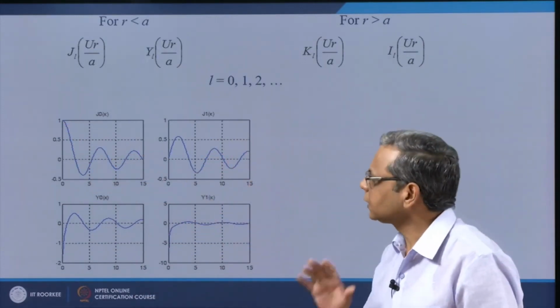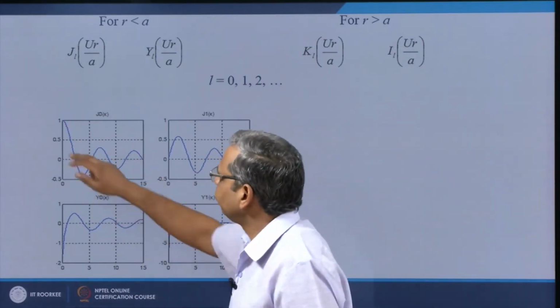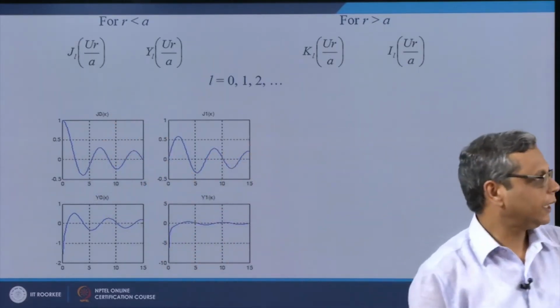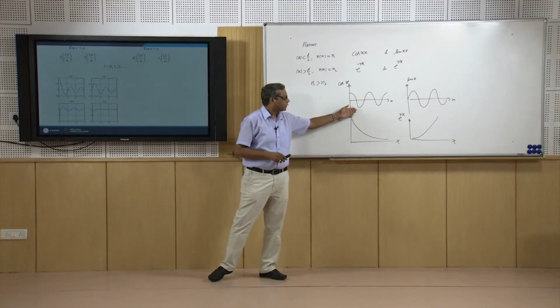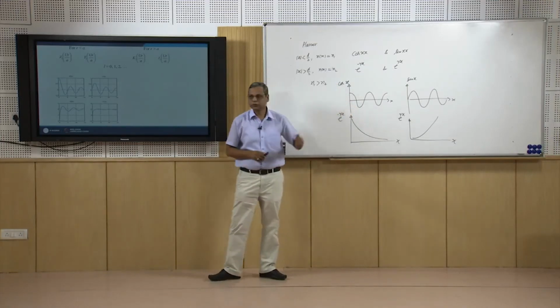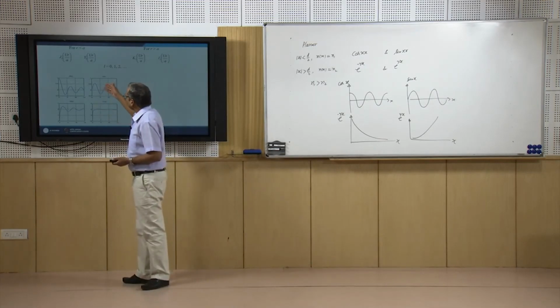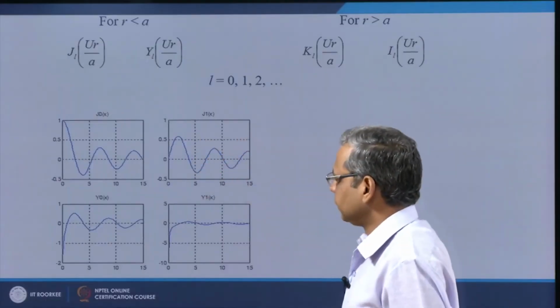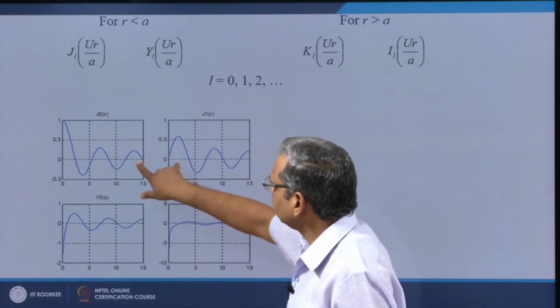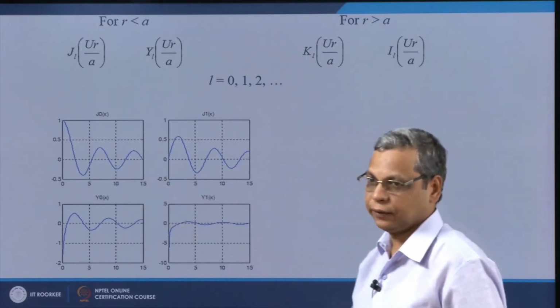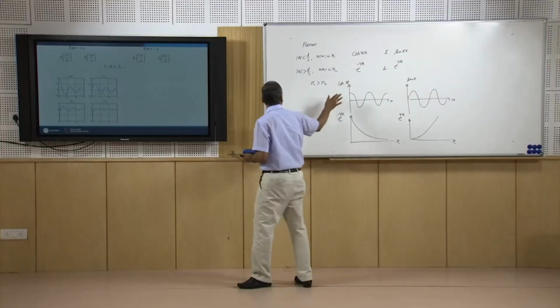Let me label a function which has this kind of variation as j 0, just like the function which has this kind of variation I label as cosine x. j 1 x has this kind of variation. So, what I see is that these functions have oscillatory behavior, just like the cosine function.